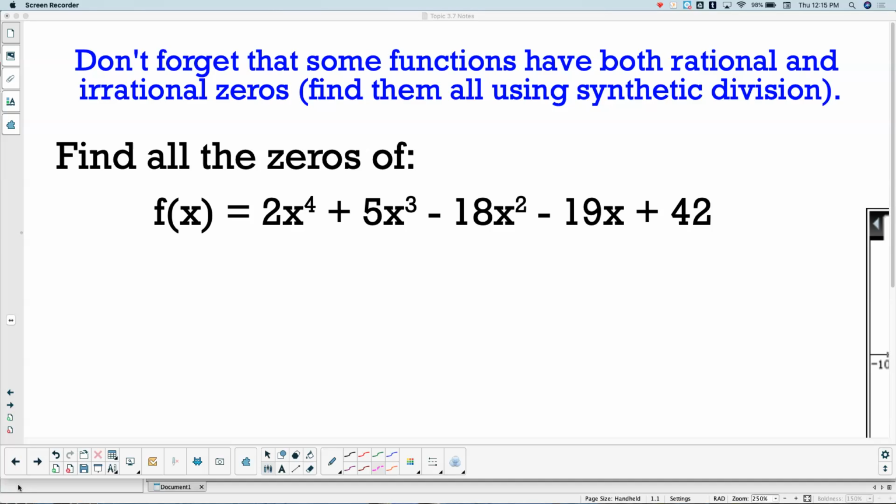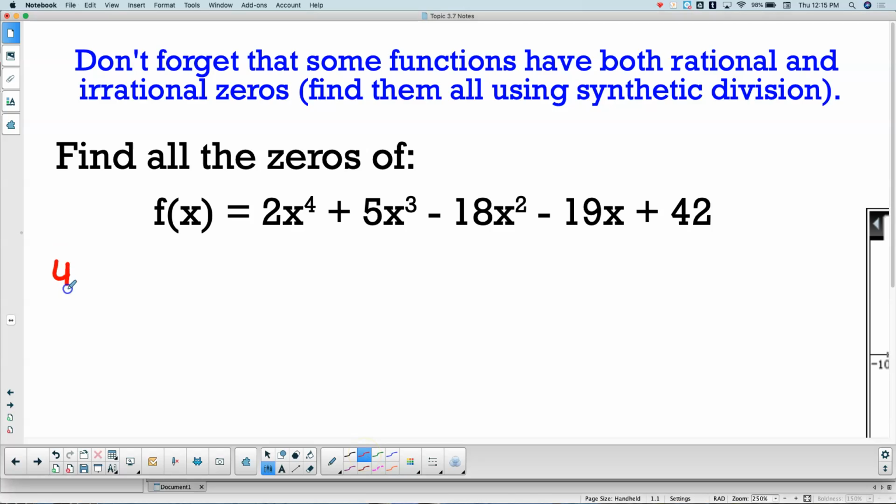So what are the factors of 42? 1, 2, 3, 6, 7, 14, 21, 42. Well, 8 is not a factor of 42. Missing 1. 42.